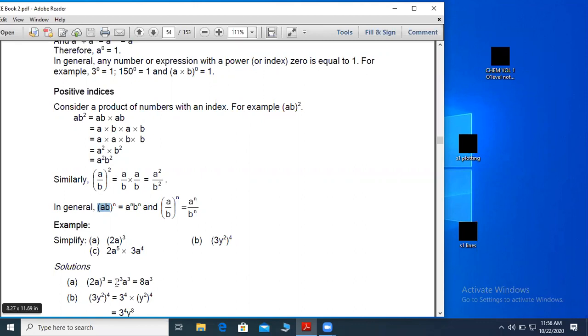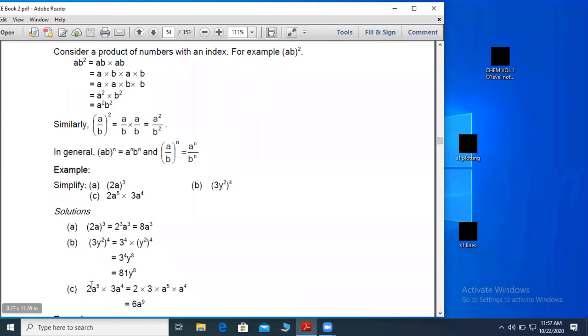Then b will be 3 to power 4 times y to power 2, then to power 4. But when we have 2 powers like these, 2 and 4, on Tuesday we saw that we are supposed to multiply those 2 powers. So finally our answer becomes 3 to power 4 times y to power 8.